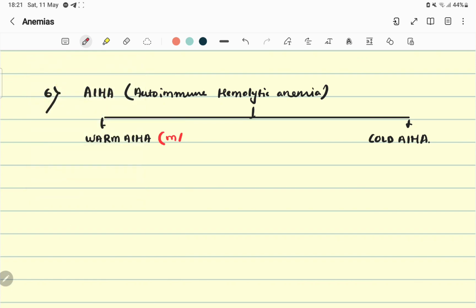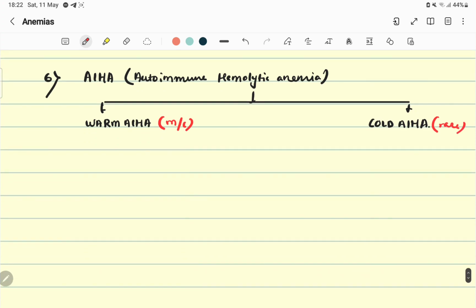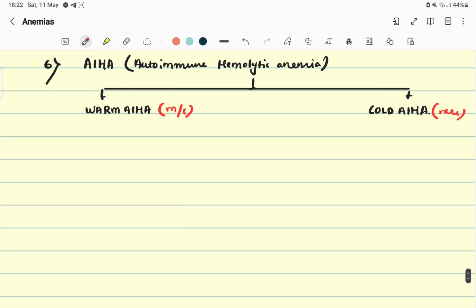Warm AIHA is the most common type, and cold AIHA is a bit rare, you can say. If I talk about etiology, it can be drug induced, it can be seen in SLE, in chronic lymphoid leukemia, or it can be seen idiopathically. Some drugs like penicillin and alpha methyldopa can cause warm AIHA also.